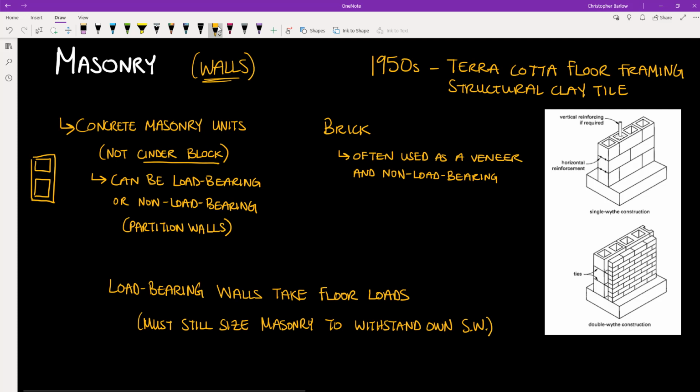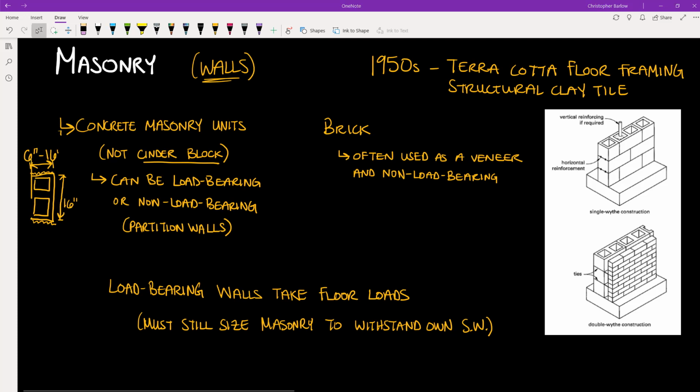And so basically, these are concrete precast units that come in standard widths and standard lengths, typically around 16 inches in length when you include the mortar that will be placed on either side between the blocks, and in standard widths, generally from about 6 to 16 inches wide.